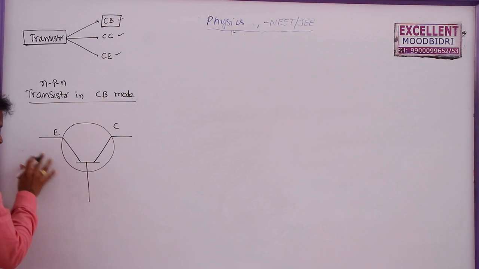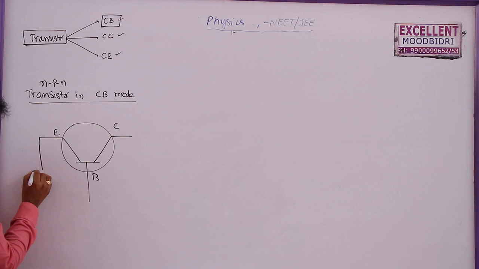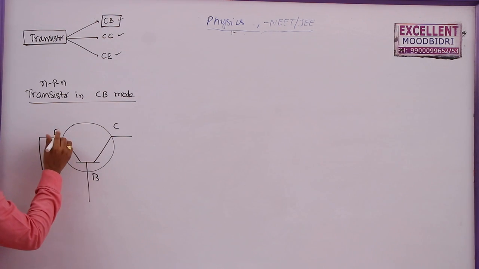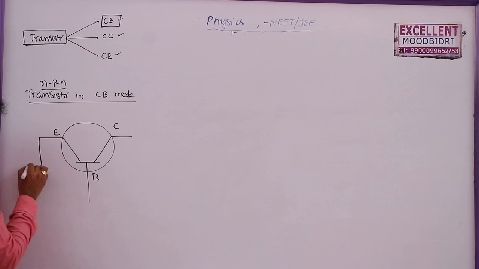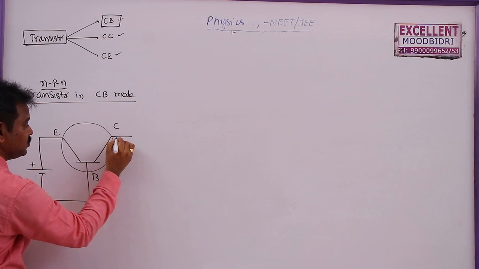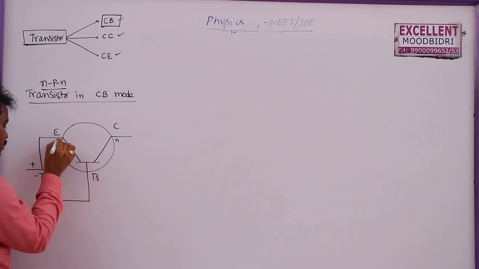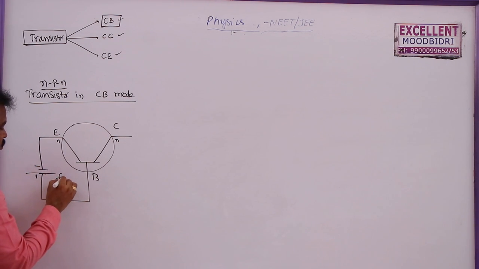Here, this is the base emitter junction, which is connected in forward bias. As it is NPN, this is N, so this will be connected to the positive terminal, and the negative terminal will be connected here. Here N is connected to negative, P is connected to positive. So this is in forward bias.